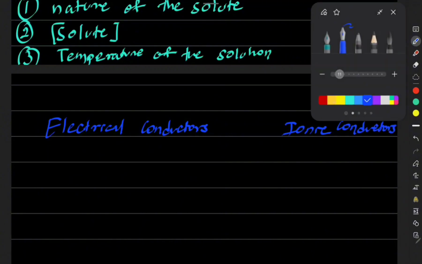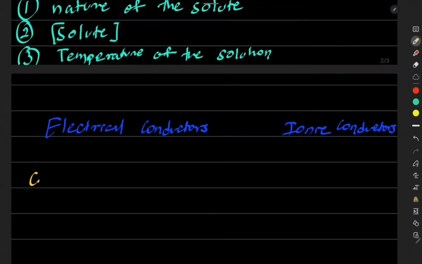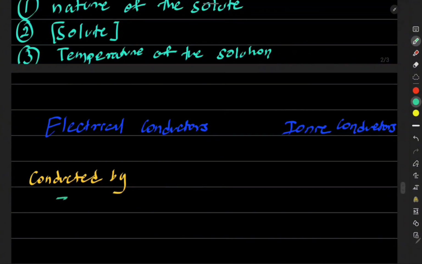In electrical conductors, electricity is conducted by the flow of electrons, and in ionic conductors it is conducted by the flow of ions.